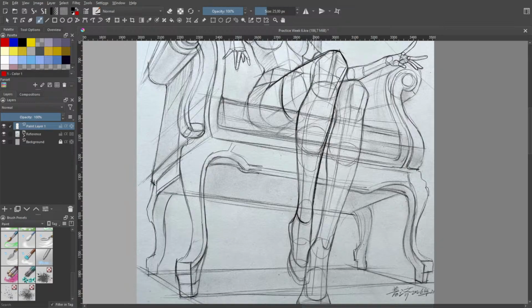What do I have to look at? Wait, I'm forgetting to use my arm here. How to use arm? How to use your arm?